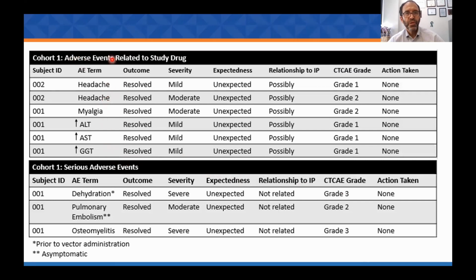These are the kind of adverse events that we both measured and patients reported. And the ones that were related to the study drug or gene therapy are the most important. They're all important, but we need to understand, what is the gene therapy doing? And what was observed for these first 3 participants were things that were expected and were graded as mild to moderate, and then resolved, like headache, muscle ache, and then some slight increase in the liver enzymes.